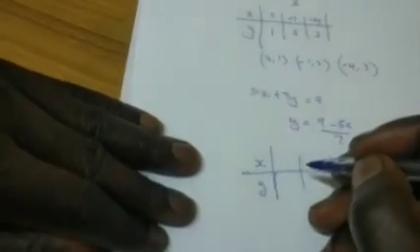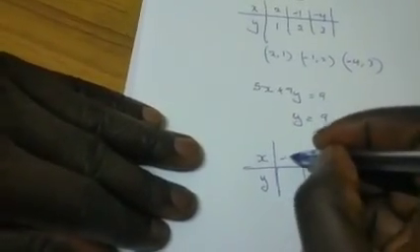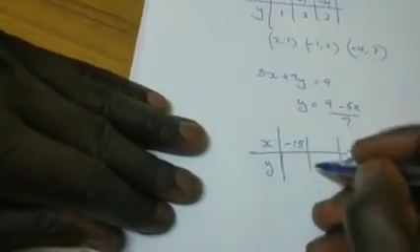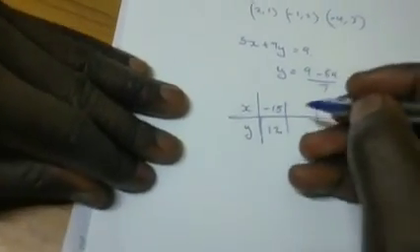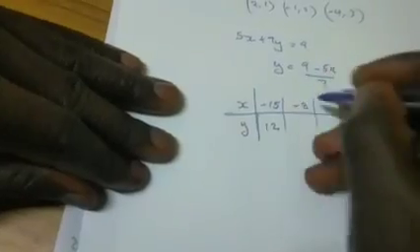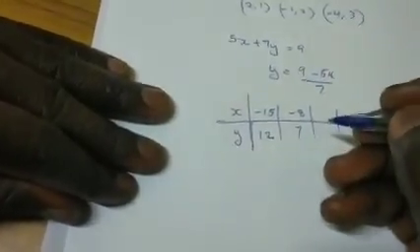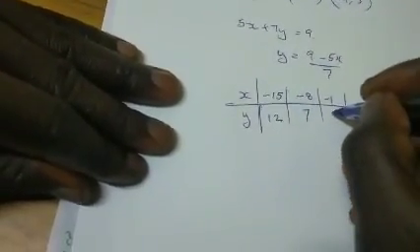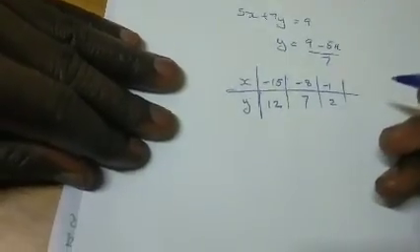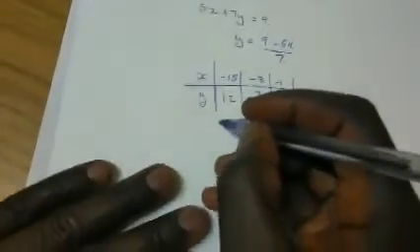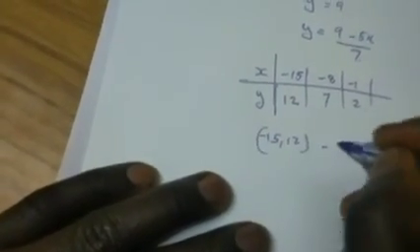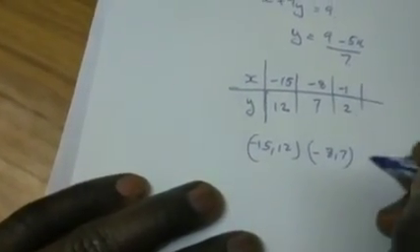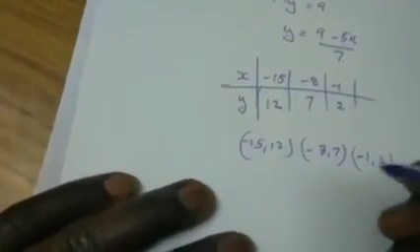So if, for example, x is negative 15, that one will give us a value of y to be 12. And if x is negative 8, that will give us the value of y to be 7. And if x is negative 1, that will give us the value of y to be 2. Now, the points that you're going to plot are negative 15, 12; negative 8, 7; and negative 1, 2.